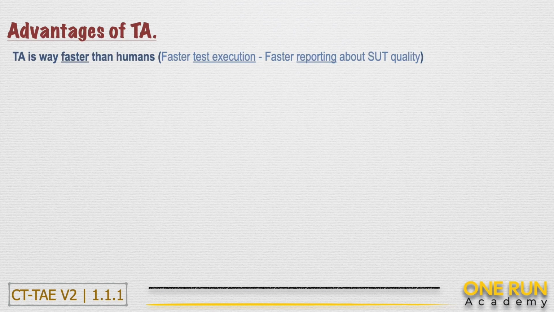Alright, let's now dive into what makes test automation awesome. First off, test automation is way faster than us humans. Machines execute tests at lightning speeds, and as a bonus, they generate reports just as quickly. Now, because tests run so much faster, you're saving a lot of resources in the form of time, effort, and money.